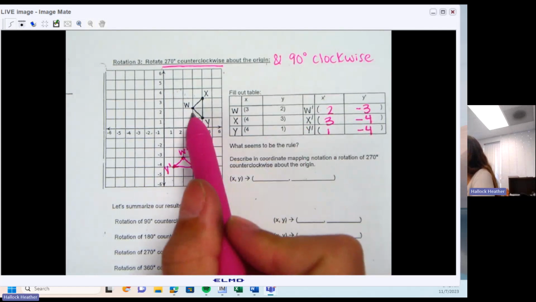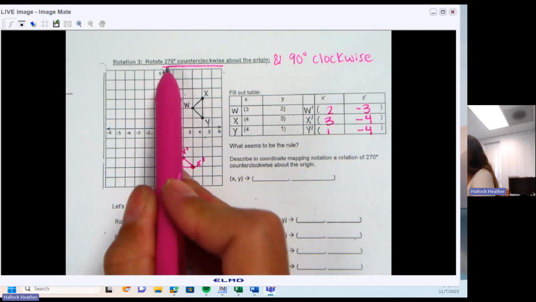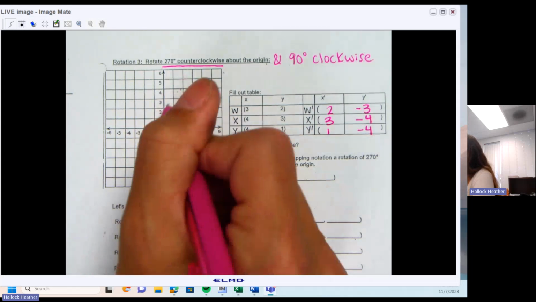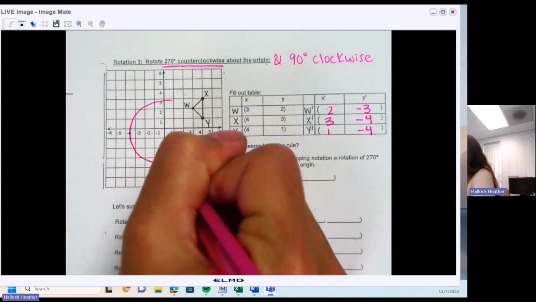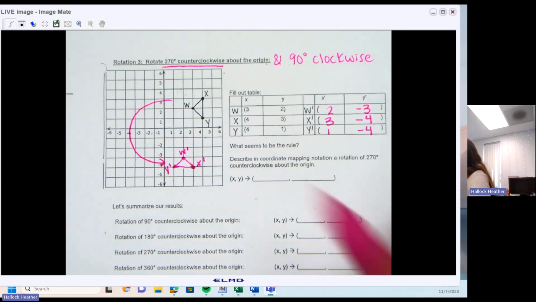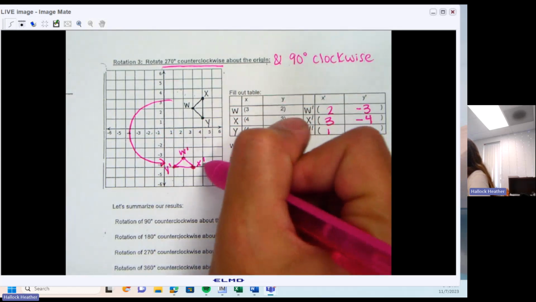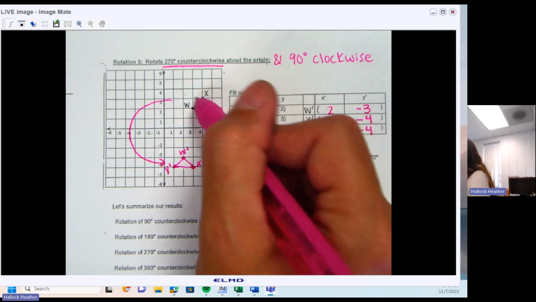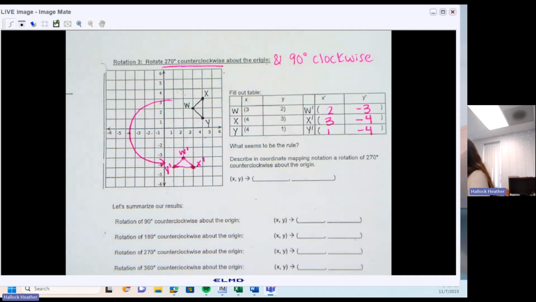So this went 3 quadrants. 270 is 3 quadrants. It started here, I went 1, 2, 3. I ended up in the 3rd quadrant, which is the same thing as going 1 quadrant clockwise, the opposite direction. So if I would have gone 1 clockwise, I would end up here. If I went 270 counterclockwise, I would still end up here.